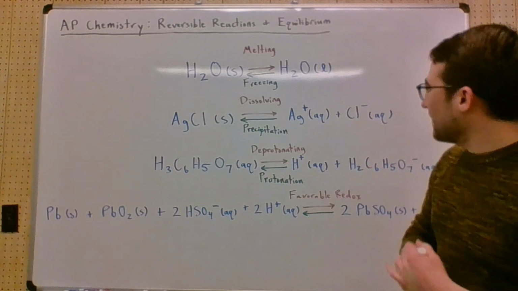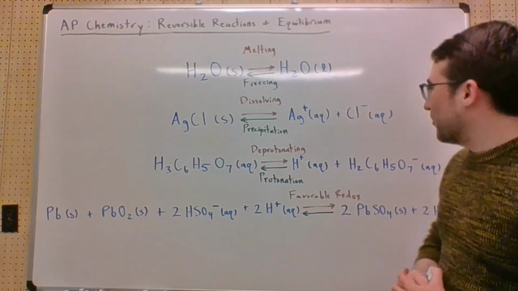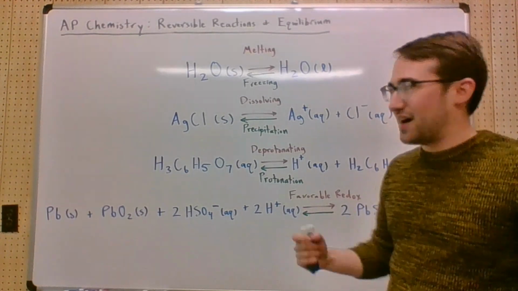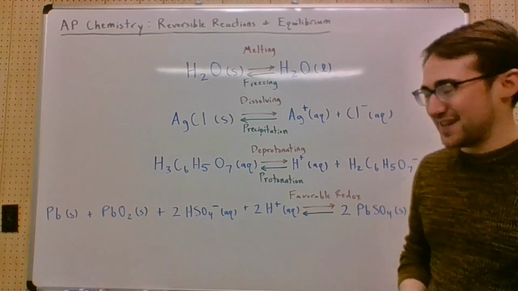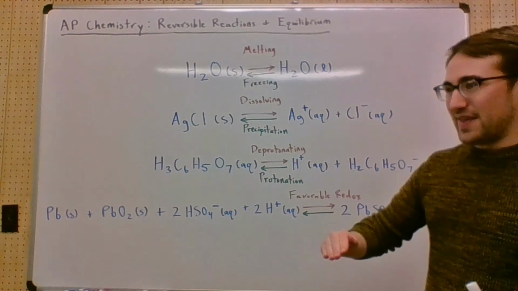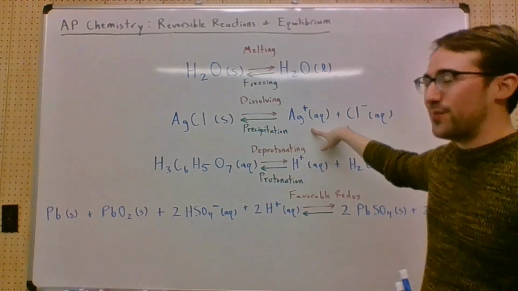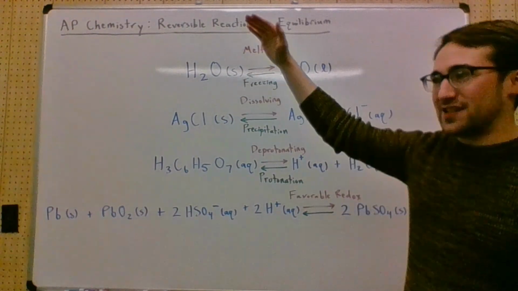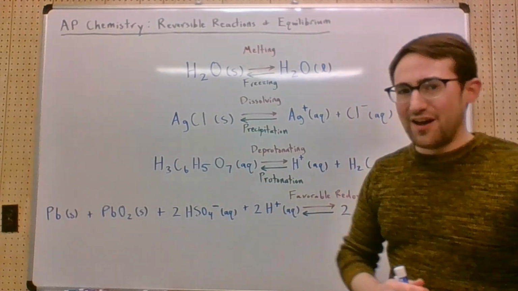For something like this AgCl, when I precipitate out AgCl, if I go and measure the concentration of Ag plus and Cl minus, maybe I get a conductivity tester, I'm not going to see this number that is constantly increasing and increasing as I continue to pump out Ag plus and Cl minus. And I'm also not going to see it continually falling more and more as we remake AgCl.